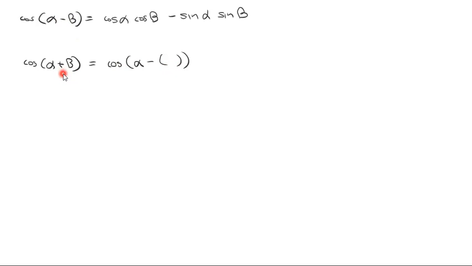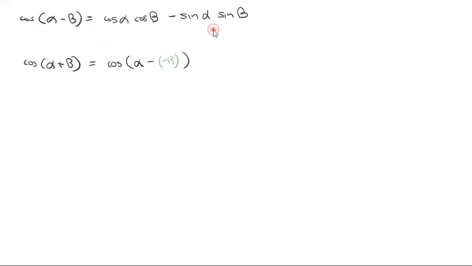Negative beta. Exactly. So think of this as your angle. Now I've got alpha minus some angle, and I'll put it in a different color in case of any confusion.